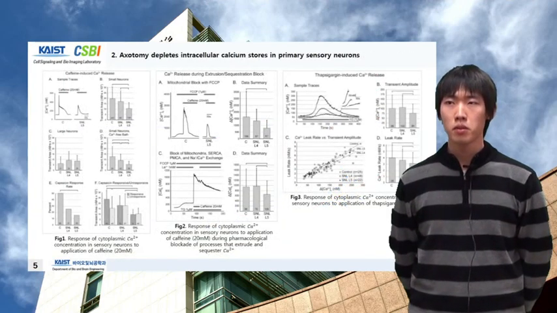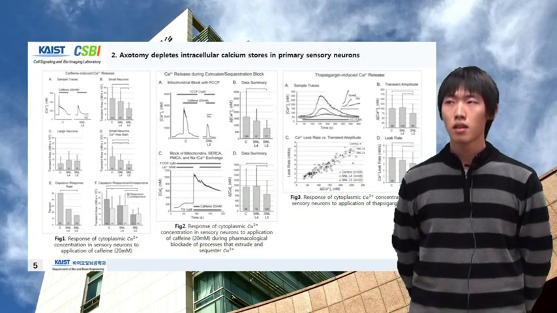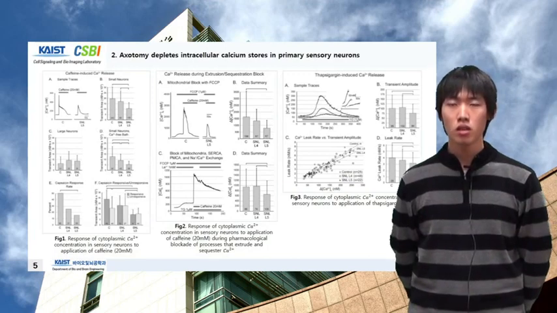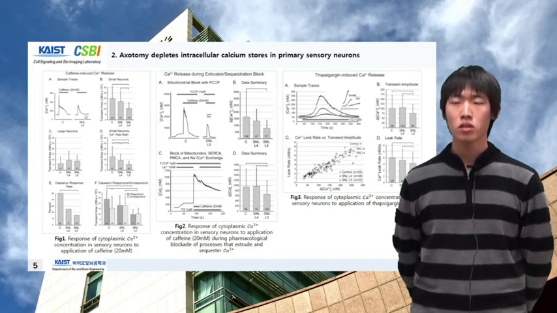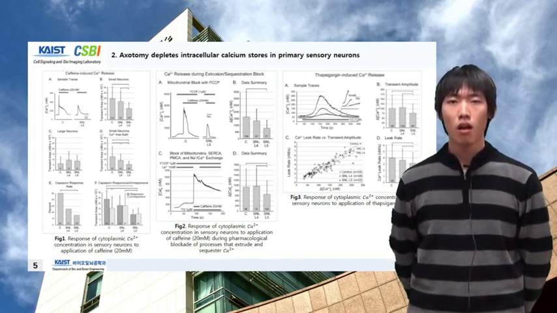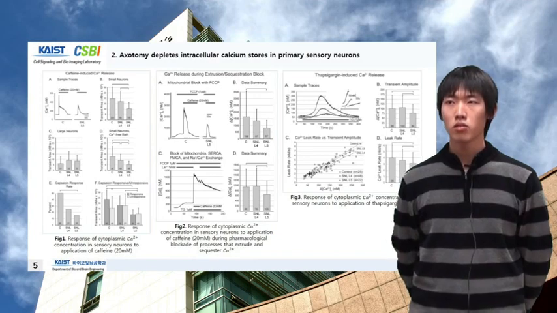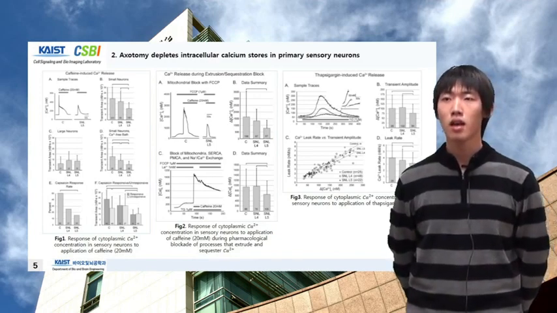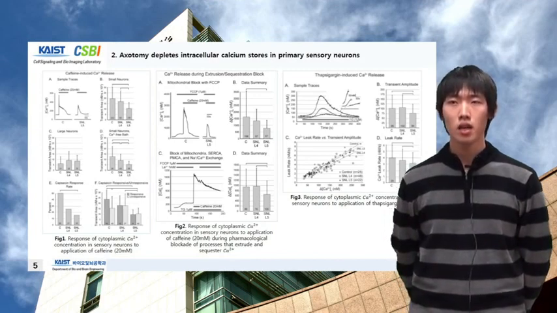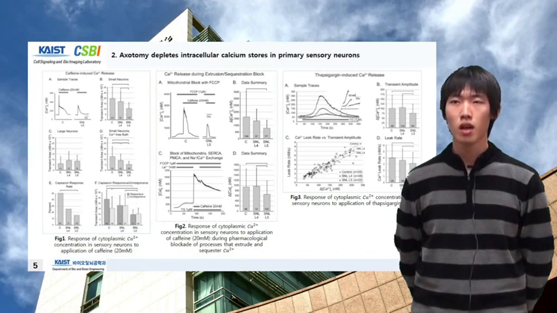Next, in the second paper, researchers examined the effect of injury on intracellular calcium ion stores of the endoplasmic reticulum, which critically regulate the calcium signal and neuronal function. Endoplasmic reticulum calcium ion stores released by the ryanodine receptor agonist caffeine decreased by 46% in axotomized small neurons.